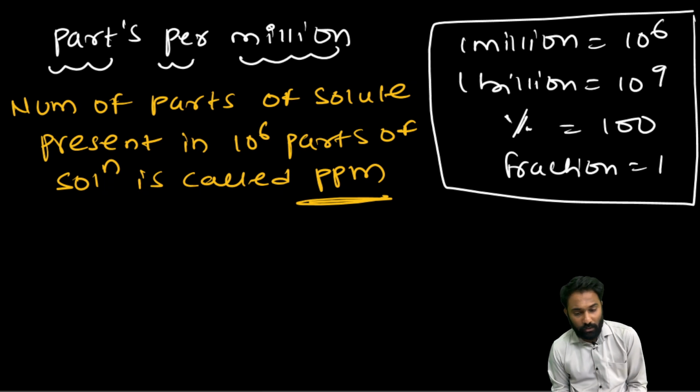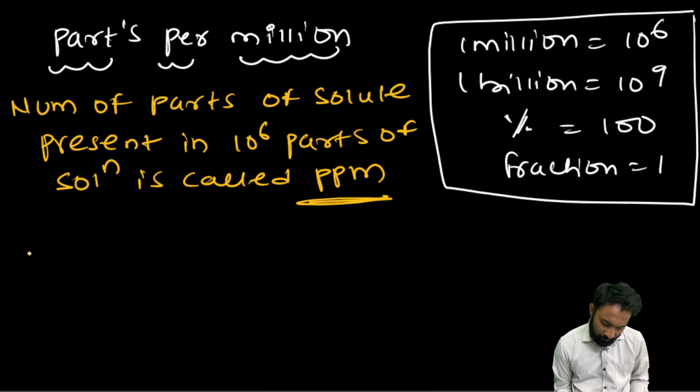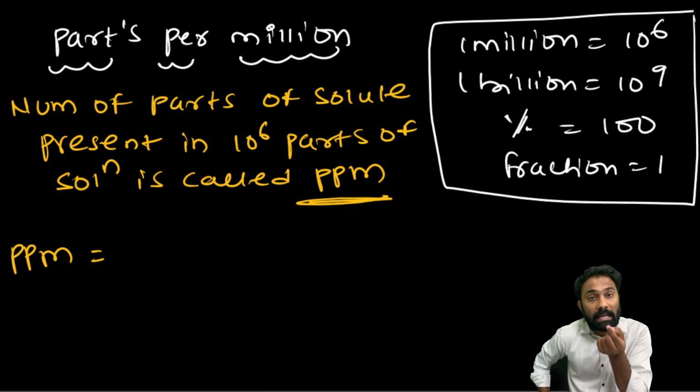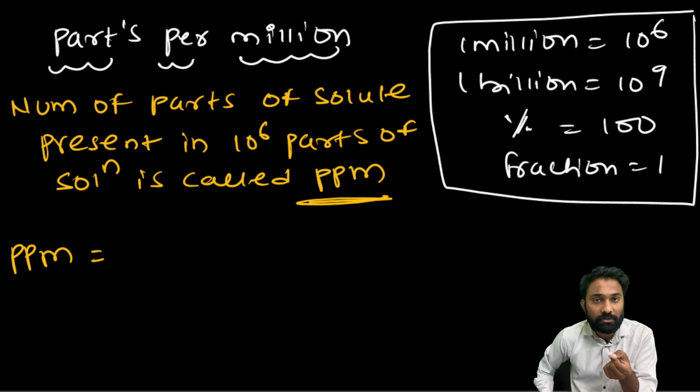Clear? Now you see, what is this ppm saying? Some number of parts of solute are present in 1 million parts of the solution. In 1 million of the solution, this small amount of the solute is present. That we call parts per million.